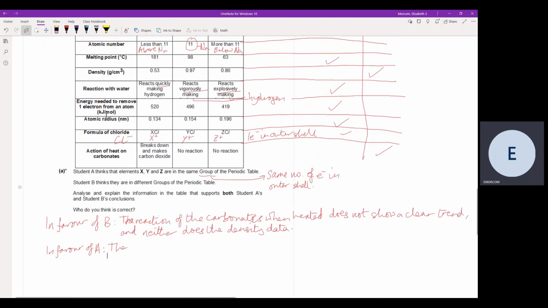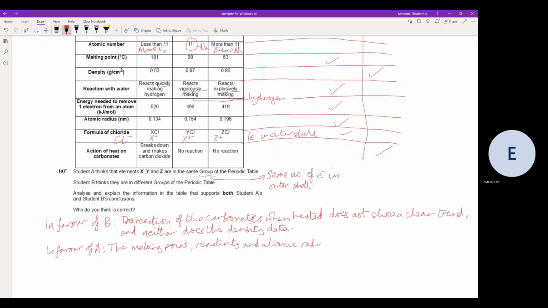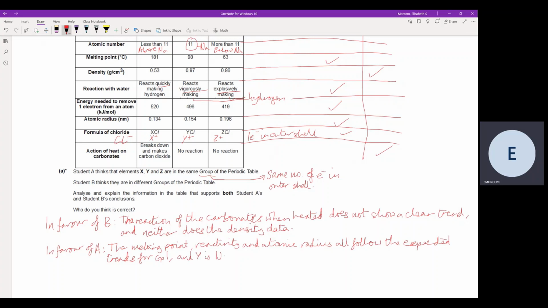So the melting point, reactivity, and atomic radius all follow the expected trends for group 1, and Y is sodium.